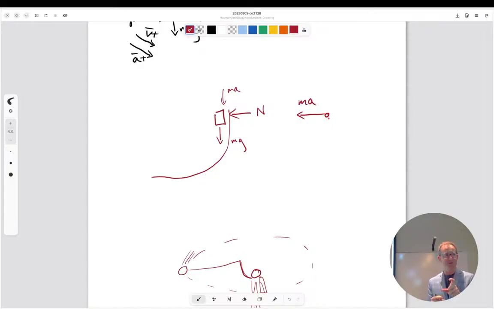Does anyone remember a centripetal force? What's a centripetal force? A rotational something? Yeah, it's definitely rotational, right?